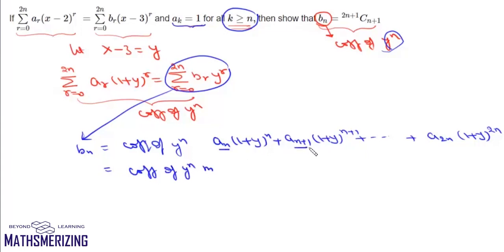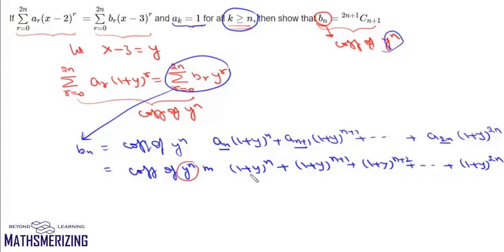Now an plus 1, a 2n, they are all 1. So it will be 1 plus y to the power n, 1 plus y to the power n plus 1, 1 plus y to the power n plus 2, and then 1 plus y to the power 2n. Now the coefficient of y to the power n in 1 plus y to the power n will be simply nCn. In the second one it will be n plus 1 Cn.